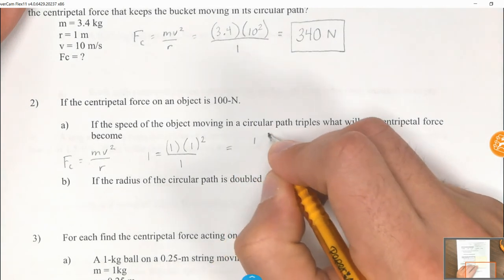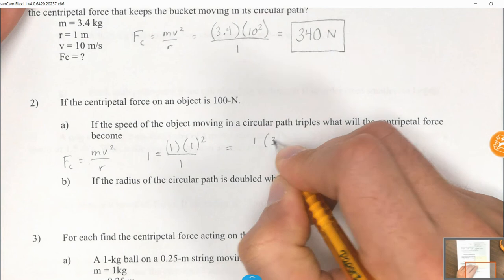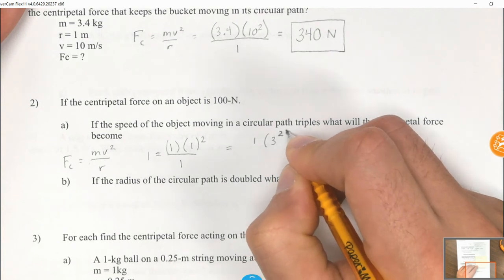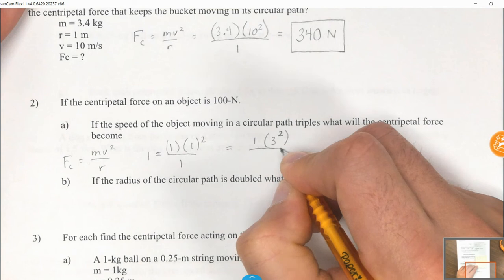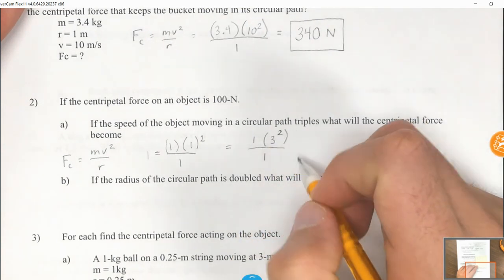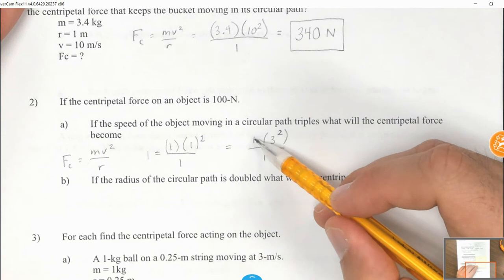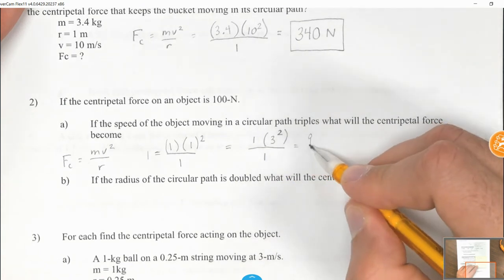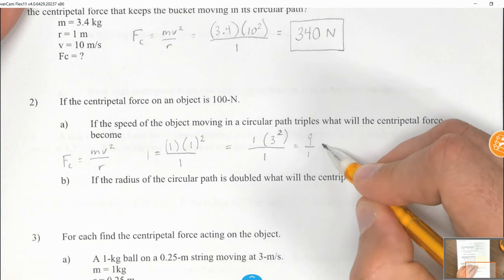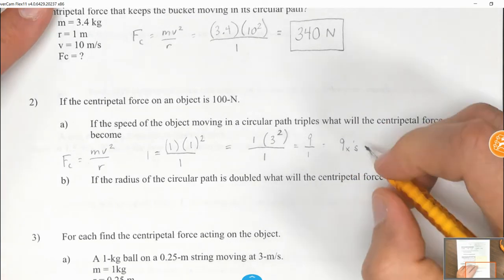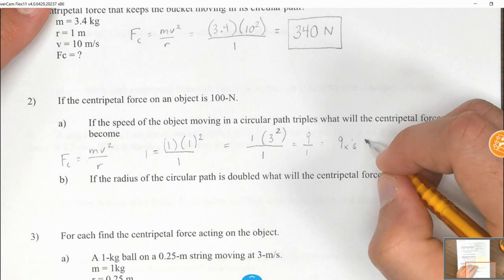So mass stays a 1. The velocity, though, triples, and you have to square it in the equation. The radius doesn't change. So what's 3 squared? 9. 9 times 1 is 9. 9 divided by 1 is still 9, so it would be 9 times the force.